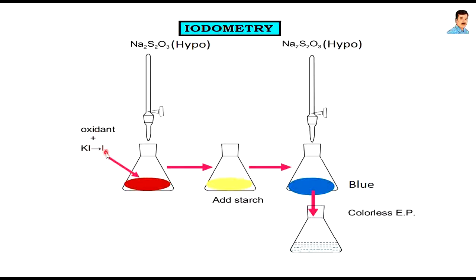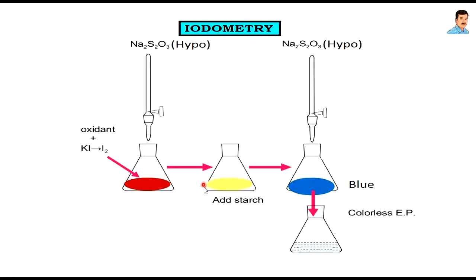After the liberation of iodine, the solution turns into dark brown color. Now we will titrate this brown colored solution with hypo solution, that is sodium thiosulfate solution, from the burette. After some time, the brown colored solution is converted into light brown colored solution or pale yellow colored solution, indicating the decrease in the concentration of iodine.